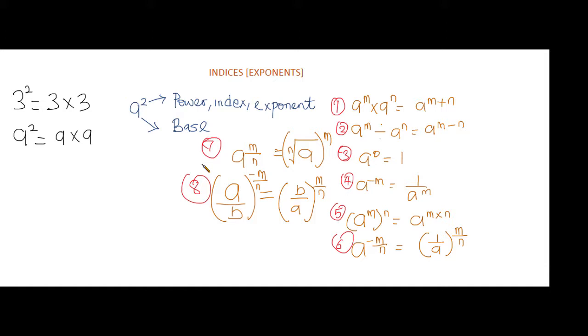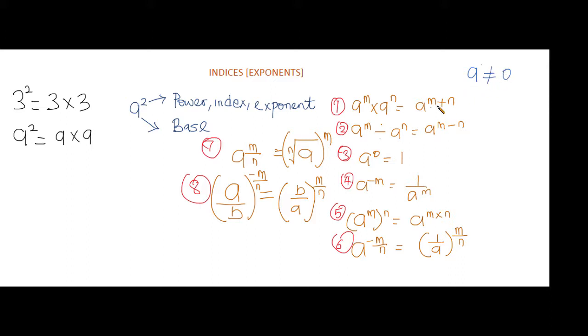Where a, m, and n are numbers which can hold certain values or ranges of numbers, let's interpret these laws in terms of numbers. And we need to note that a is not equals to 0.